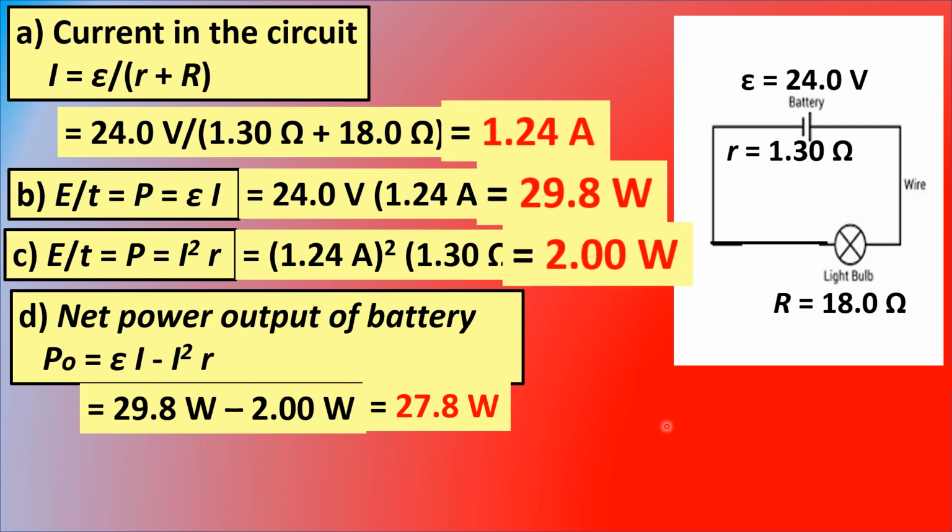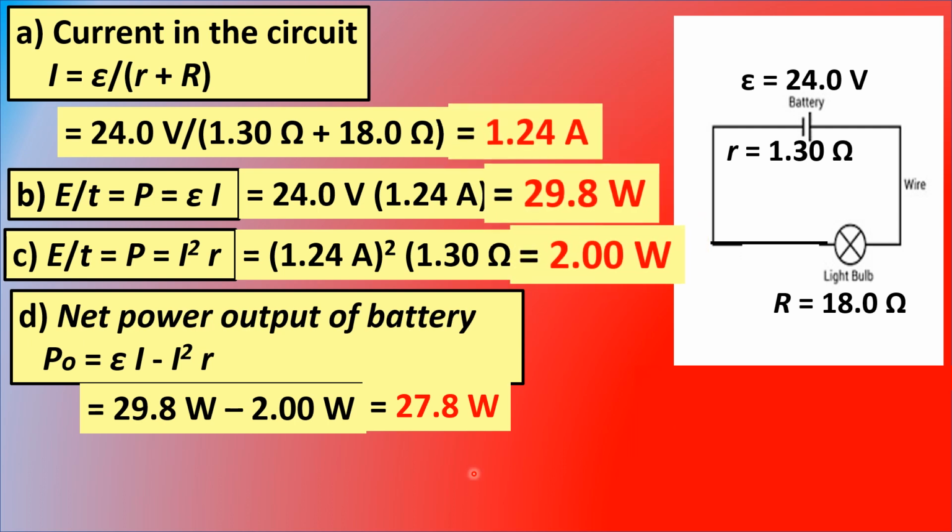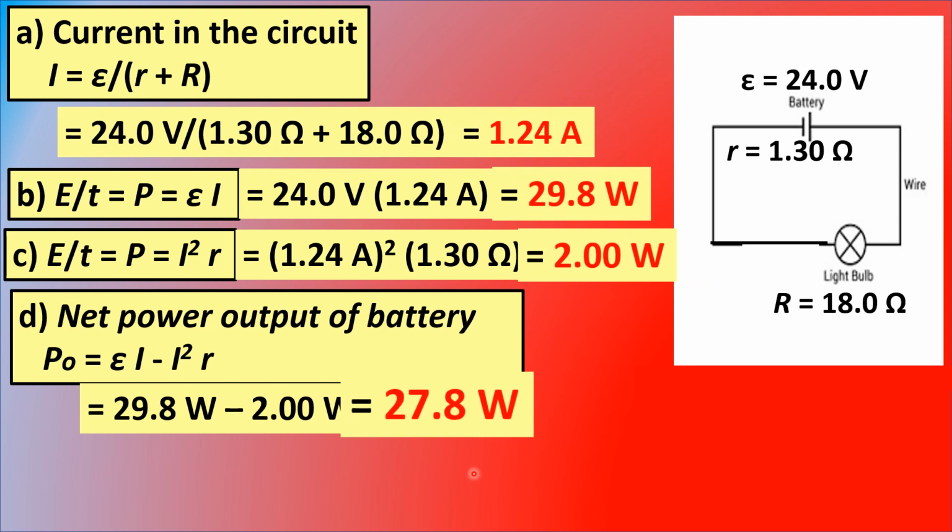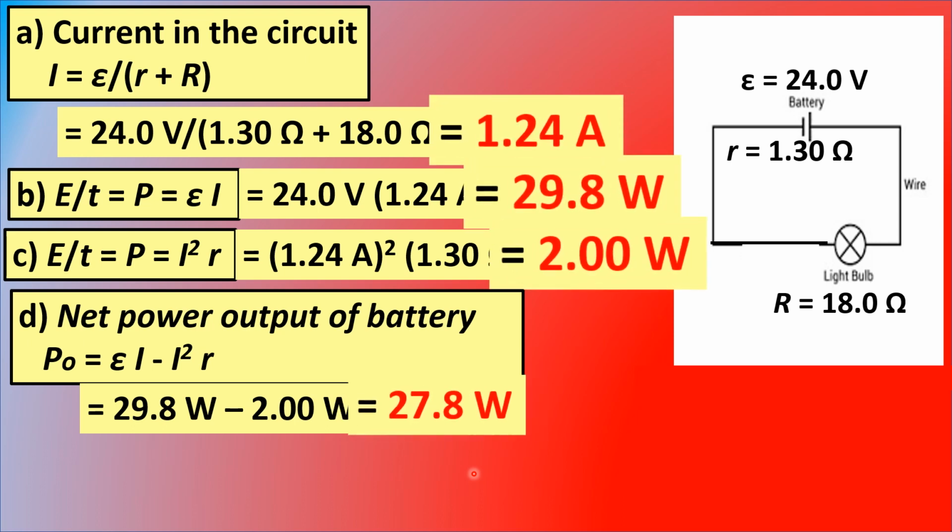And finally, for our last question, letter E, we are looking for the rate at which energy is dissipated in the bulb.